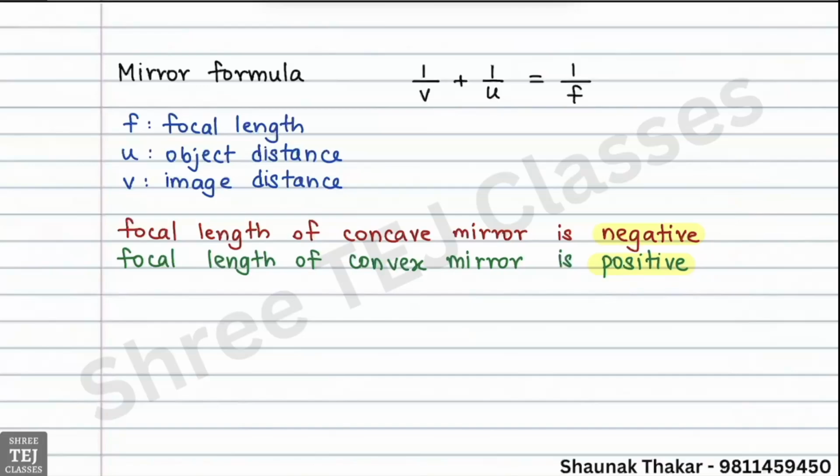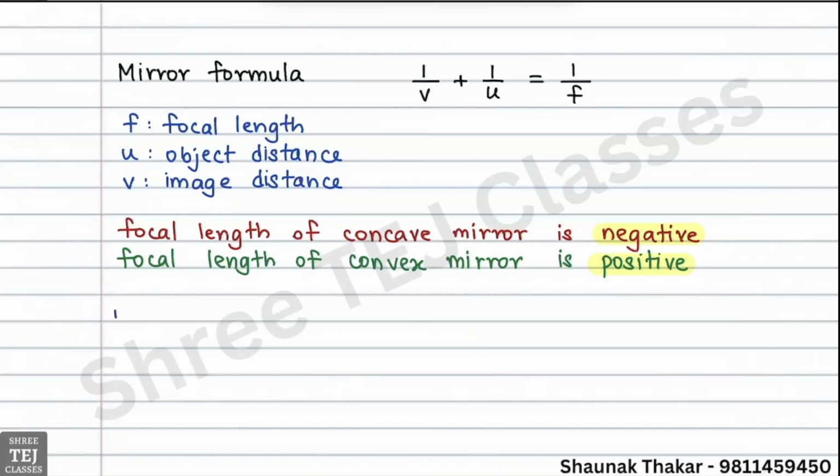What about the image distance? Images are either formed in front of the mirror or behind the mirror. Now, if the image is formed in front of the mirror, we call such an image a real image. So here the image distance will be negative as the image is to the left of the mirror.